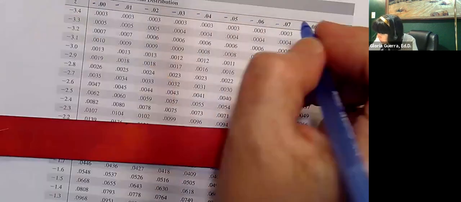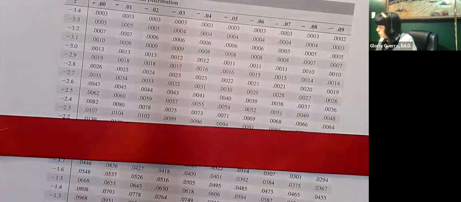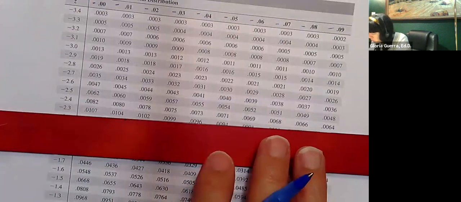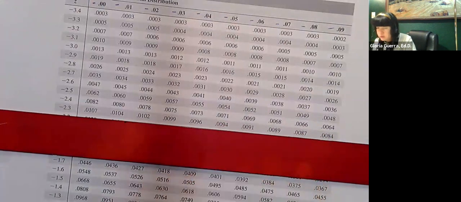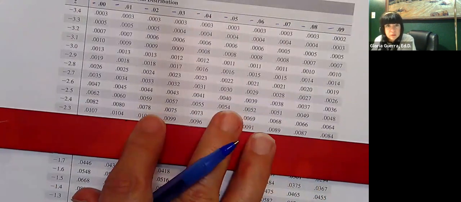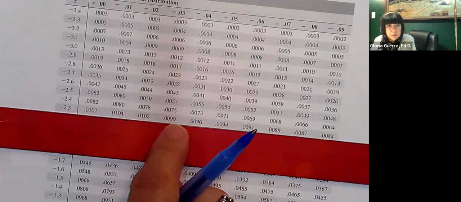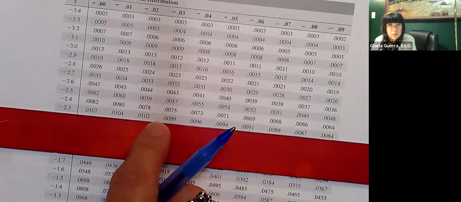But if these are negatives, so are those. So I'm looking at negative 2.3, and then 0.02 and 0.03. All right.